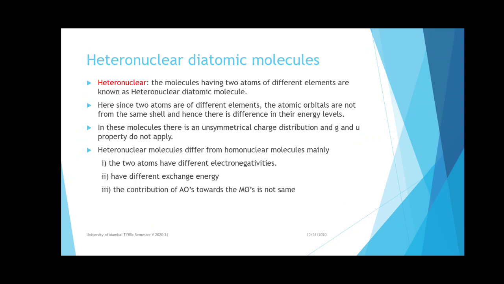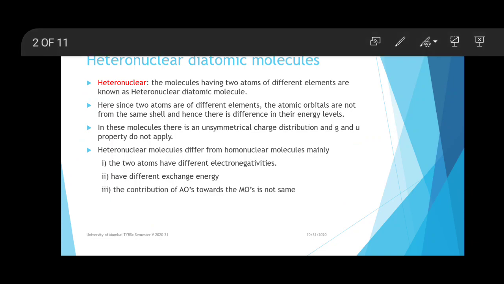As I said earlier, heteronuclear diatomic molecules are molecules having two atoms of different elements. Students, we take two different elements, and when their atoms combine, they result in the formation of a heteronuclear diatomic molecule.